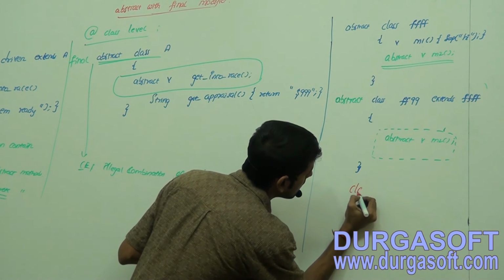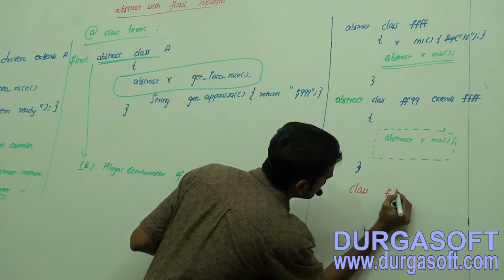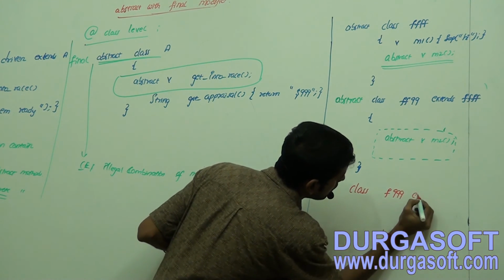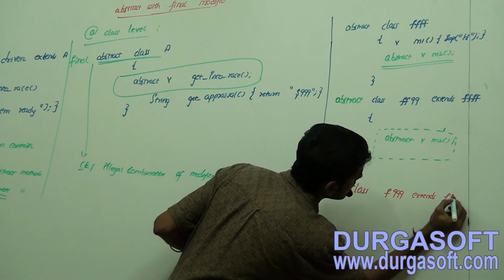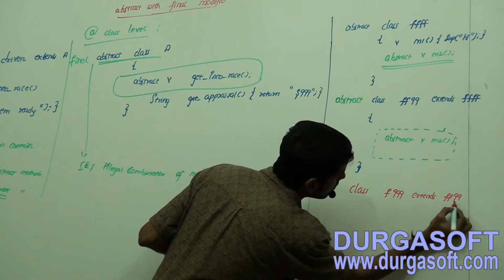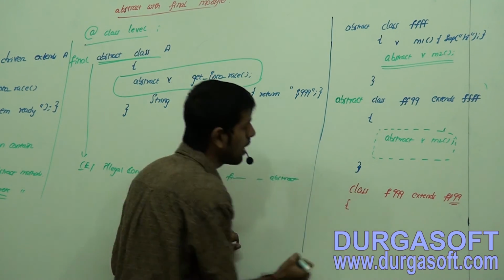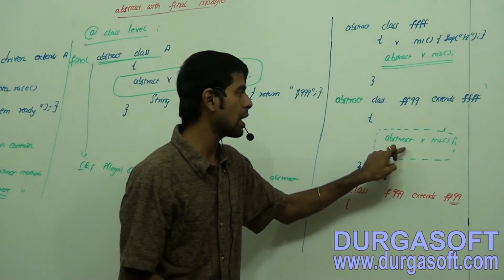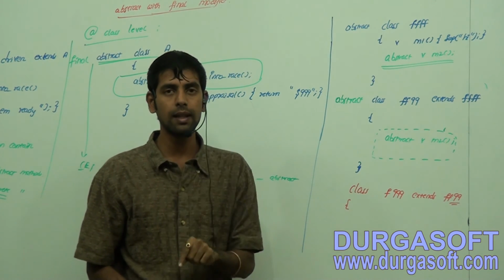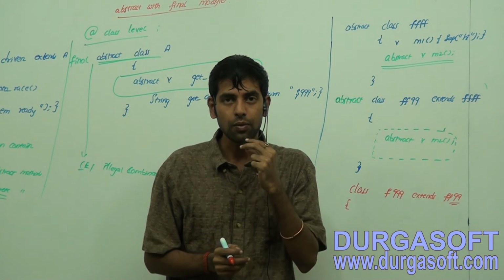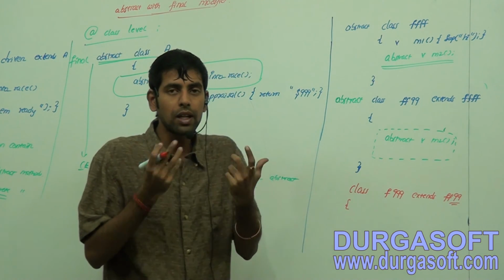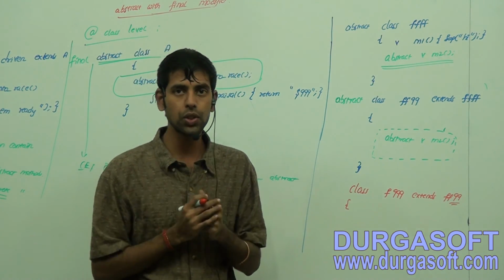One more very important thing, try to observe here. Now I am going to write this class as F999, which extends FF99. It has one abstract method, an imaginary thing which will not be visible to us, but you have to think with maturity.